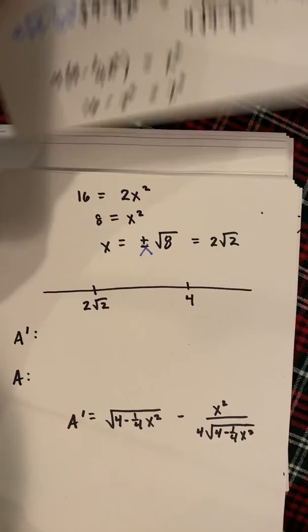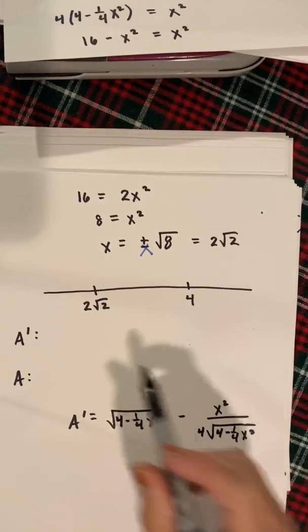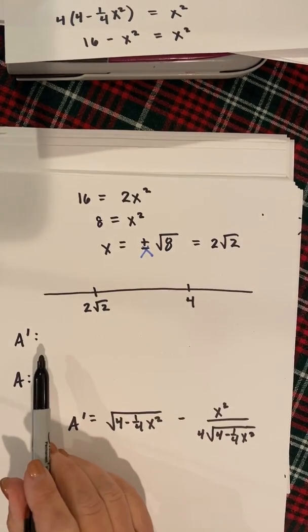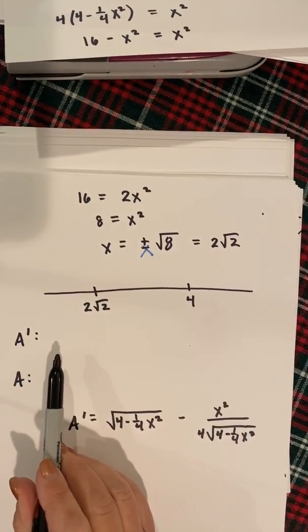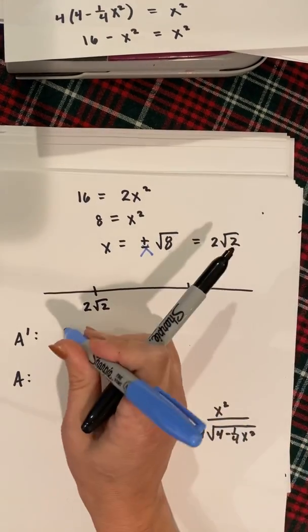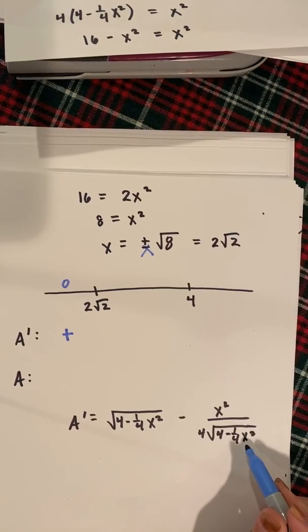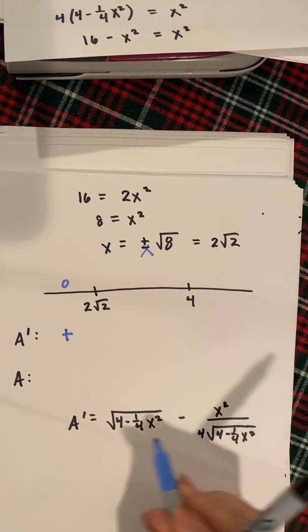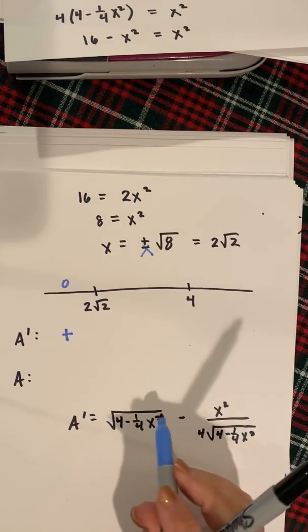I'm getting really long on time here, so I'm going to let you plug these numbers in. If I pick any number to the left, I'm going to get a positive value. If I plug in 0 for x, this term turns into 0, and here this just becomes the square root of 4, which is 2, and it's positive.